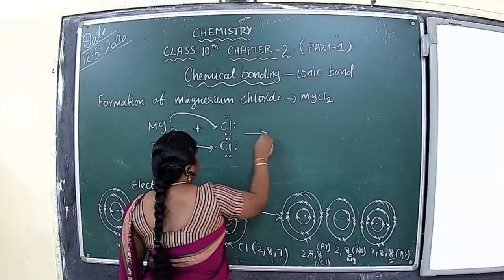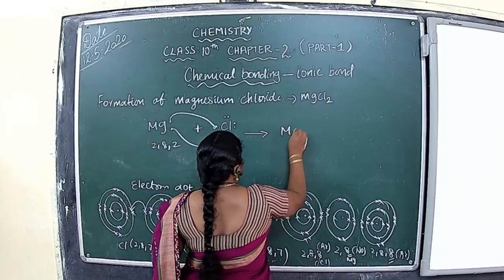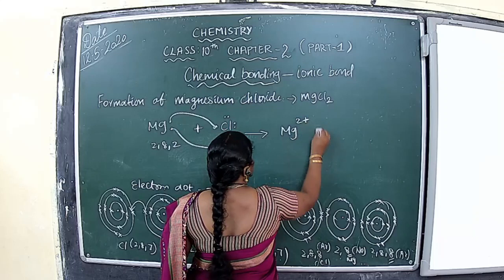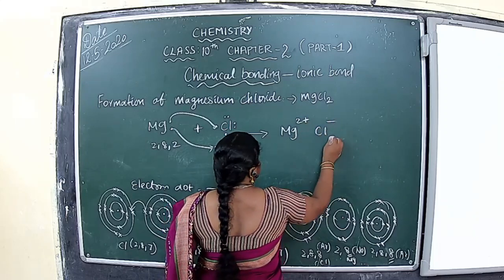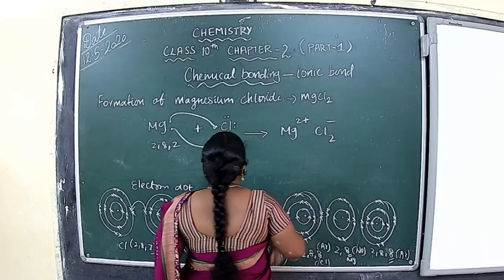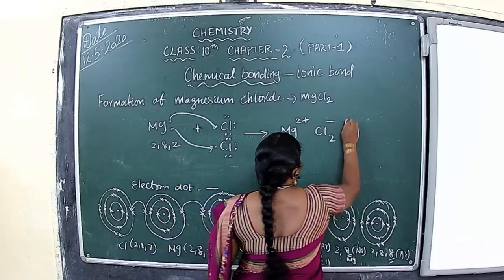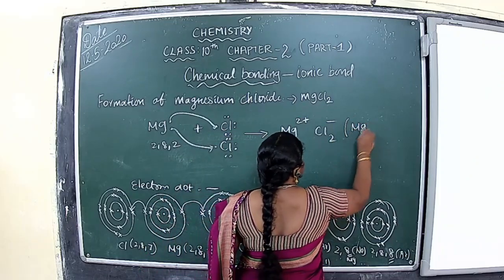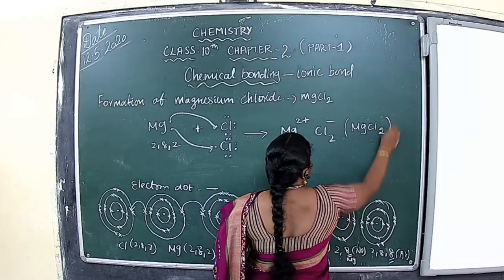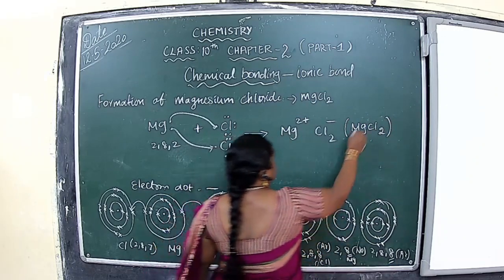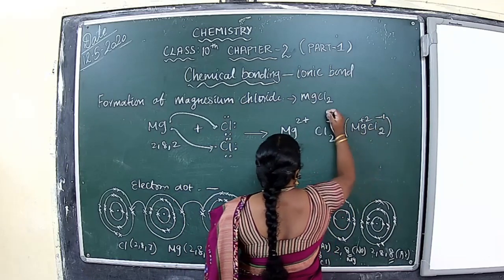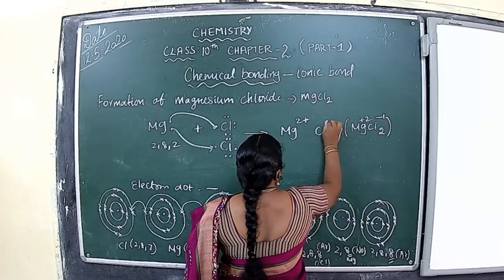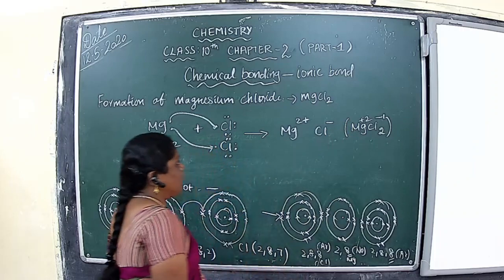Then it forms magnesium 2 plus and 2 chlorine, each Cl minus 1. So MgCl2: Mg2+ and Cl-. Understood?